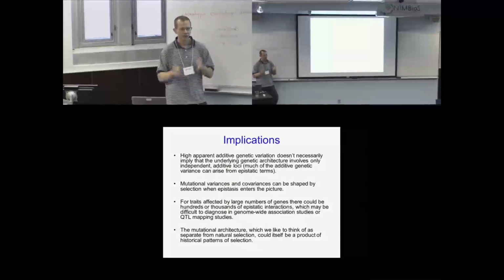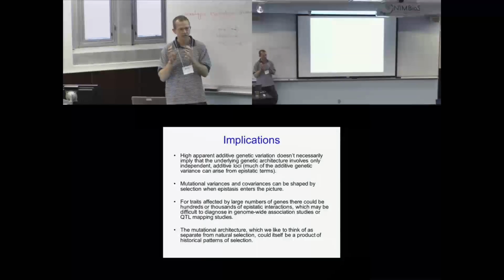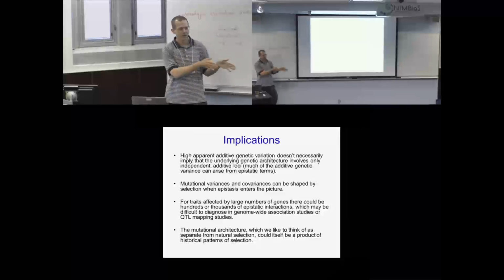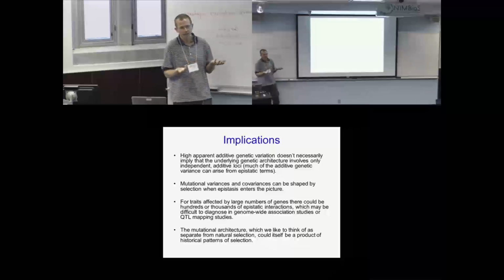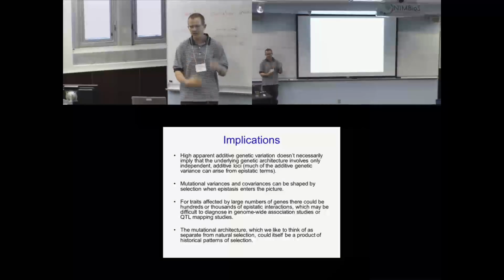The only way I can say it that would make any sense is that some proportion of those epistatic values is contributing to what we call the additive genetic variance. And it's just additive genetic variance. It behaves exactly the same way. It causes parent-offspring resemblance and all those sorts of things.